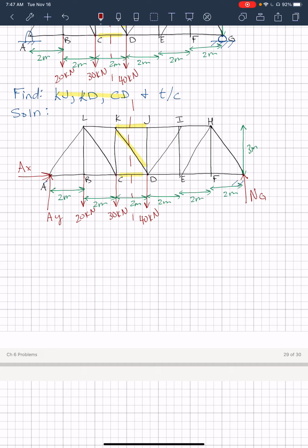So we can sum the moments about G equal to 0, and we'll do out of the page being positive.